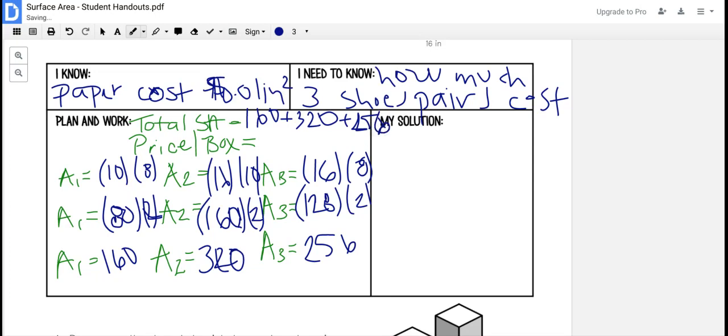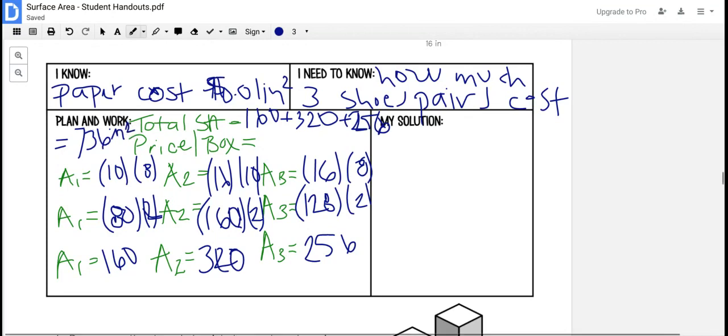Okay, plus 256. And that gives you a total surface area of 736 inches squared. And remember, we have to have inches squared.